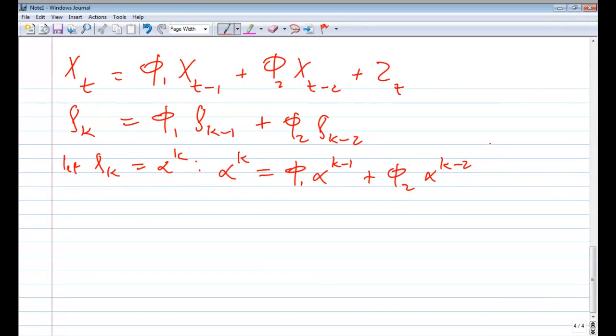Are we together? After doing this, you divide by alpha to the power k minus 2.